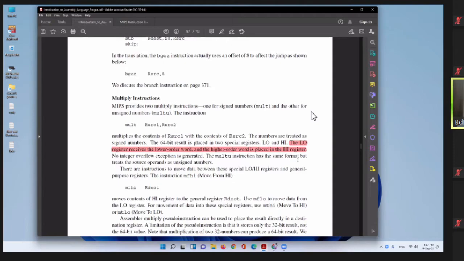Because the LO register is 32 bits, the HI register is also 32 bits. So whenever you multiply these two numbers, the result will be stored in these two registers, LO and HI. That's how we do the multiplication here.